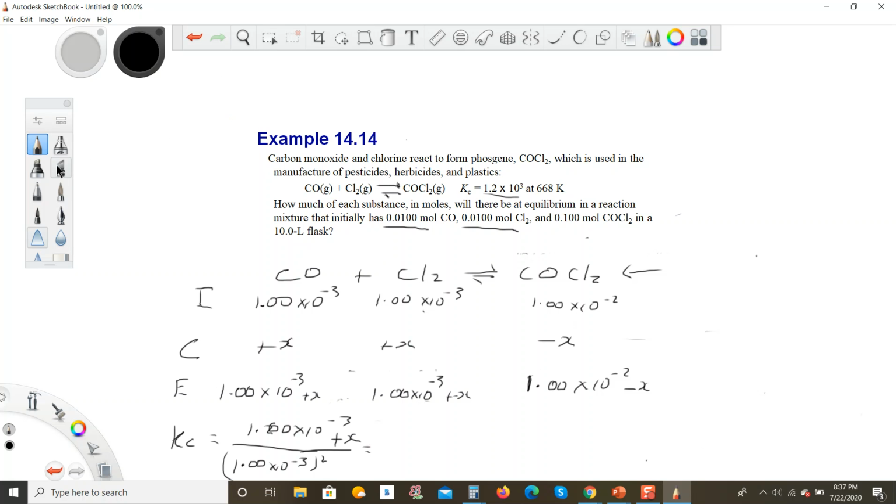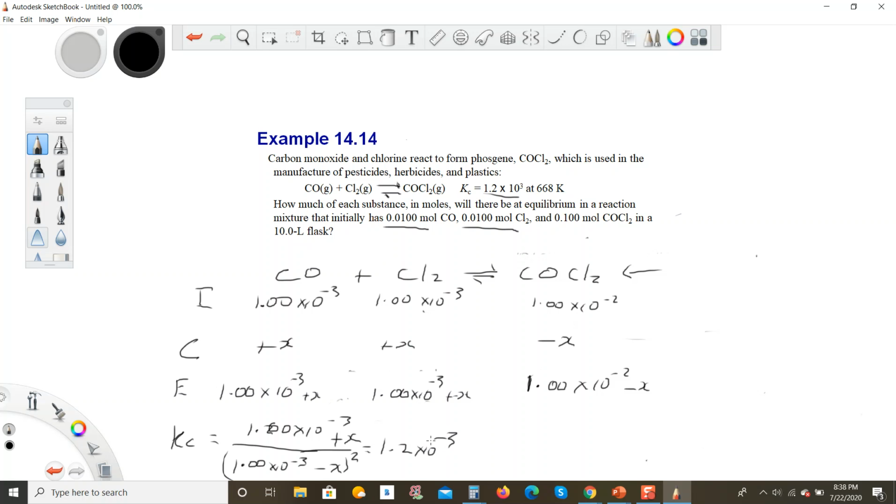Let me just erase this. And down here, you should have minus x squared, all right? And that would be equal to the Kc value, which is given above, which is 1.2 times 10 to the minus 3. Now from here, it's a lot of algebra, which I won't go through. I would expect you to know how to do that.